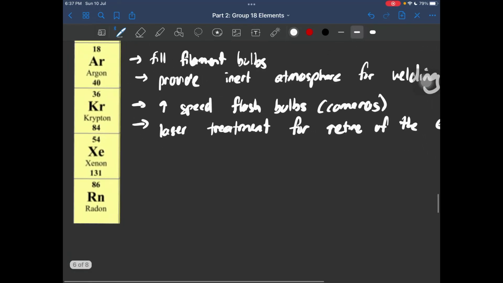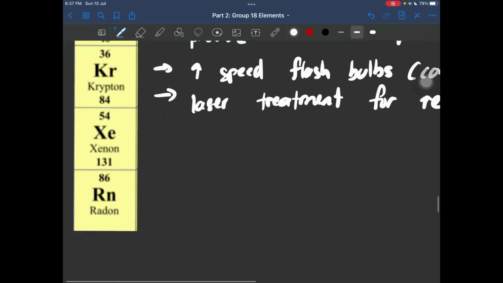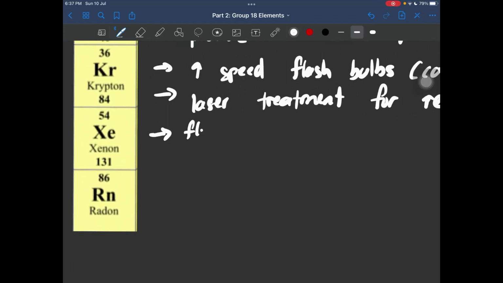And then you have xenon. What is xenon used for? Xenon is used for fluorescent lamps or fluorescent lights. And xenon is also used in anesthesia.